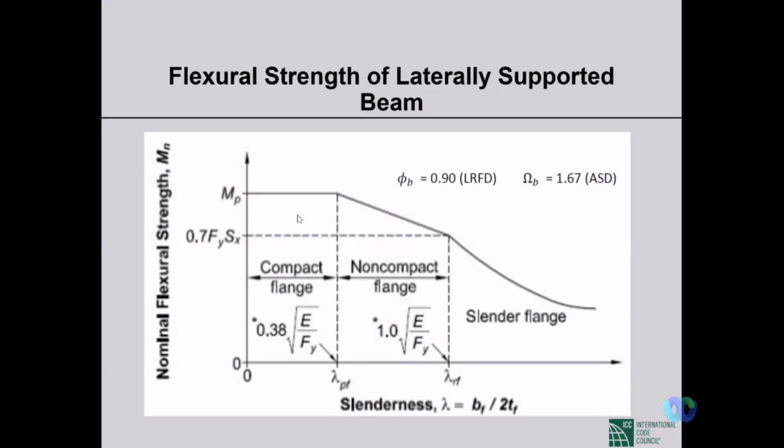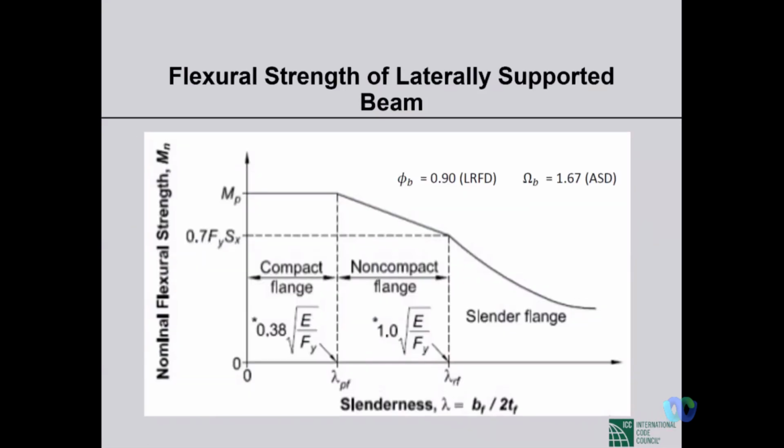We'll have different formulas for the 3 different stages. And for flexural calculation, we'll have phi B 0.9 and omega B 1.67 always. So there will be some safety factors, some capacity reduction factors. That's phi B.